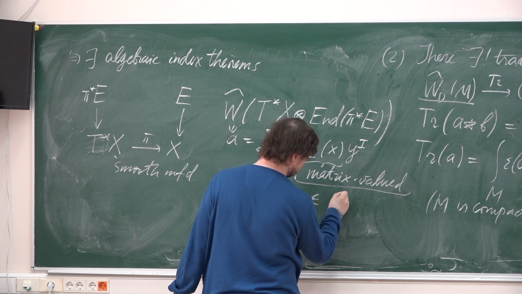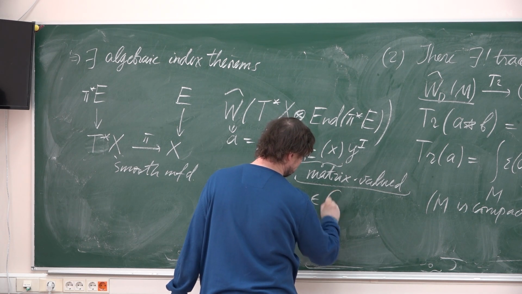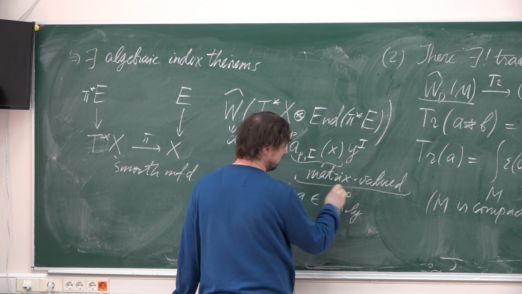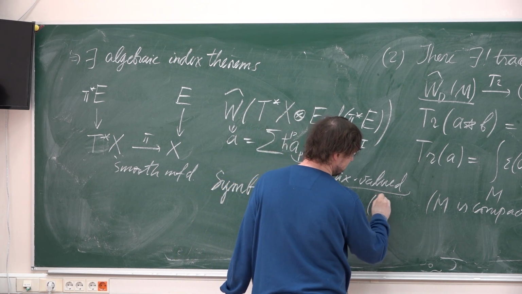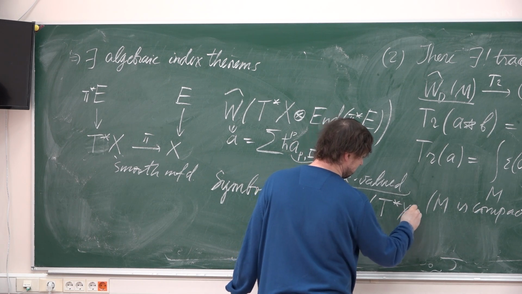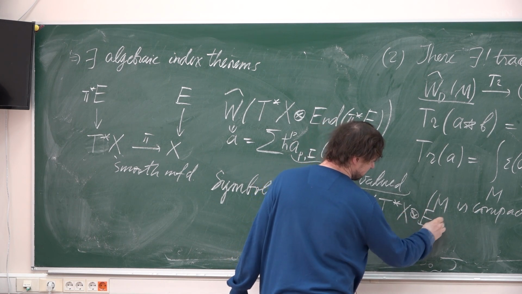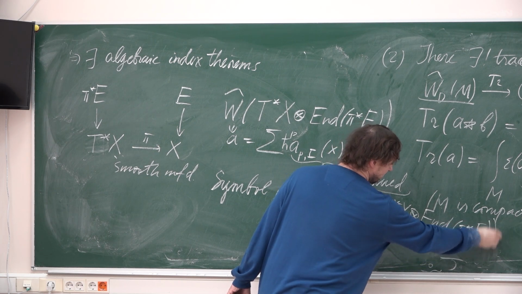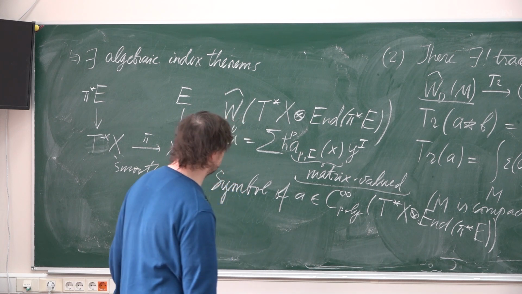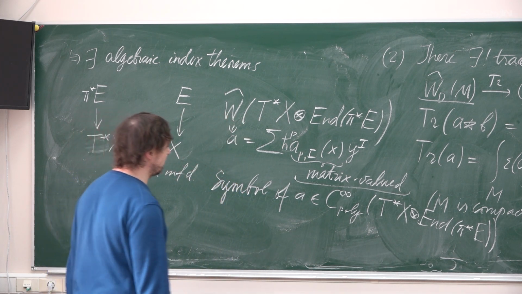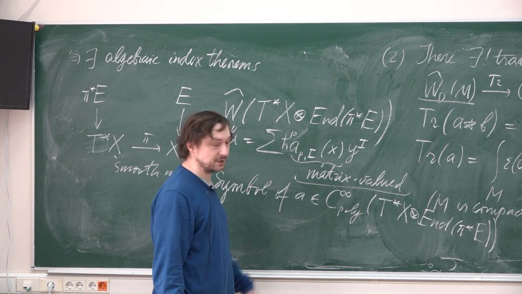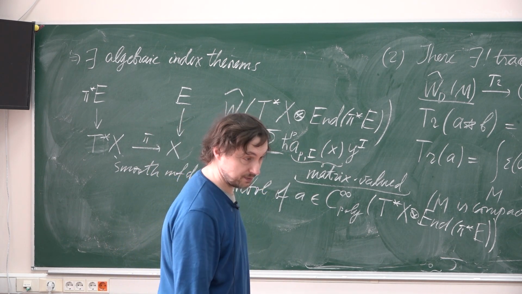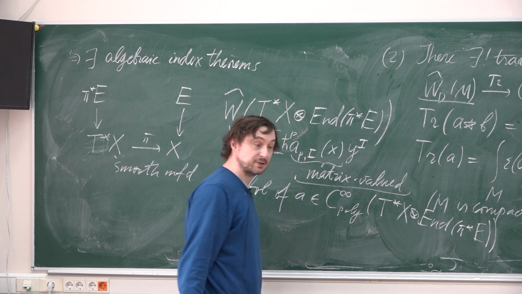Well, it's something like polynomial functions, smooth polynomial functions on T star x with coefficients in endomorphisms. And then you can define elliptic elements A as those elements whose principal symbols are invertible outside of the zero section, just as in the usual sense.